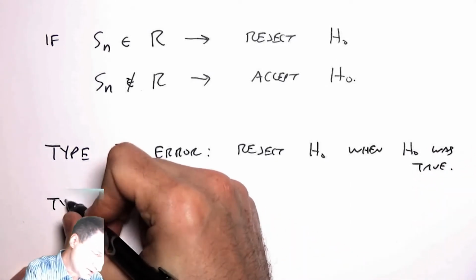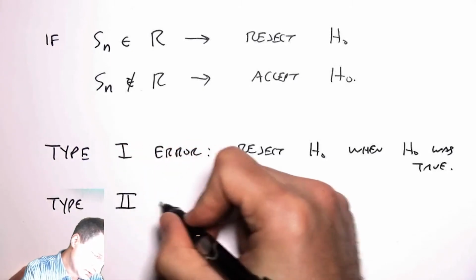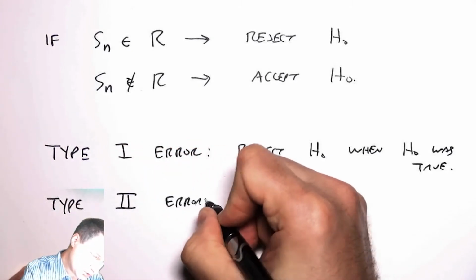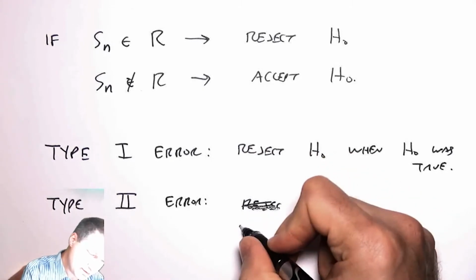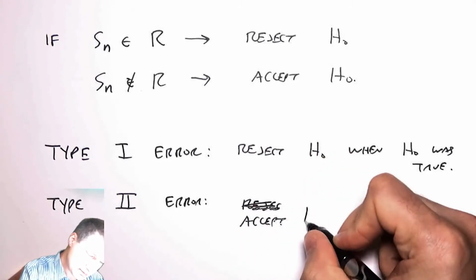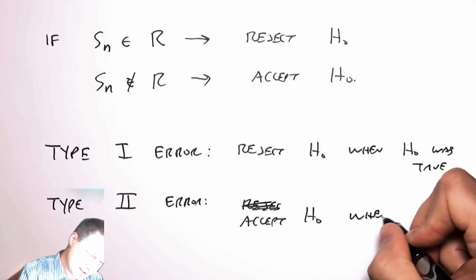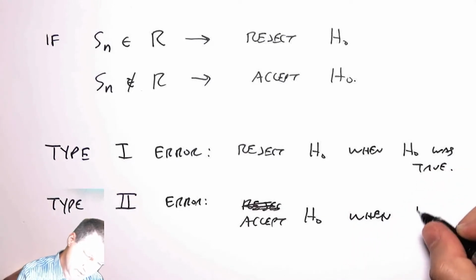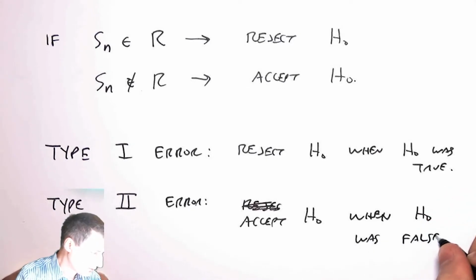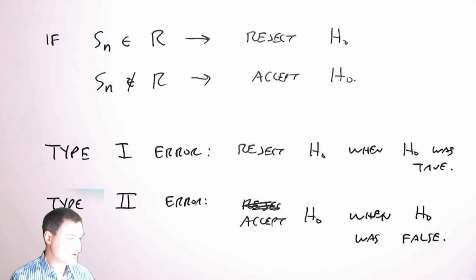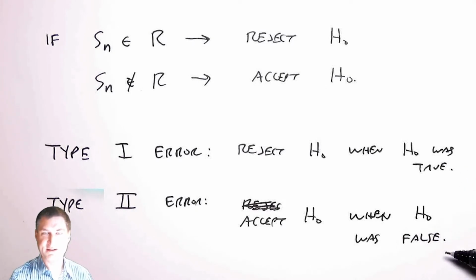And we have a type 2 error, which is that we accepted the hypothesis when it was false, right? Those are the two ways that we can be wrong. Okay. And so basically what we have are kind of like misses and false alarms.